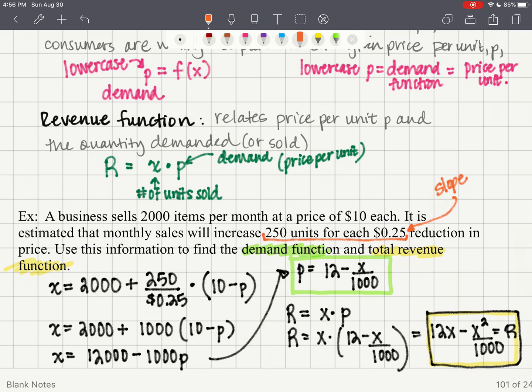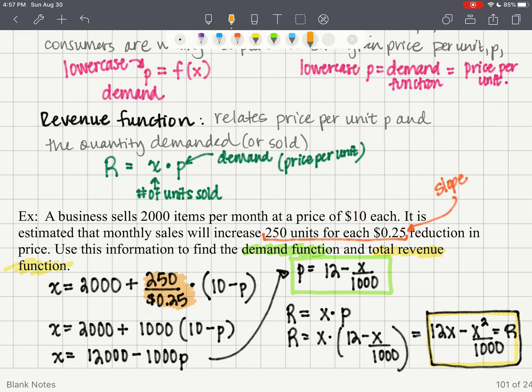So that's your slope right here. So that's orange, right? And then you've got your price, your X, right? So you've got your price minus your $10. So it's $10 each.